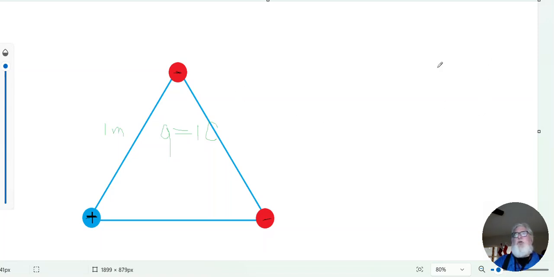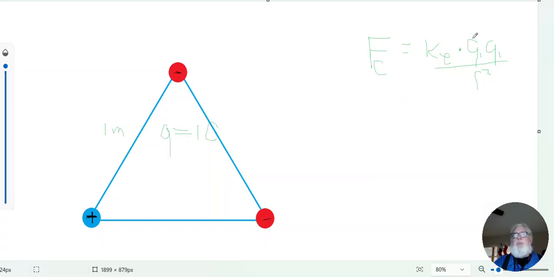Okay. So Coulomb's law says that the force exerted between any two of them is just going to be k sub e times Q1 Q2, but they're both the same. So it'd just be 1 coulomb squared divided by the distance squared. 1 coulomb times 1 coulomb is 1 coulomb squared divided by 1 meter squared.